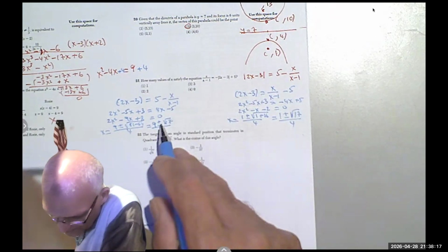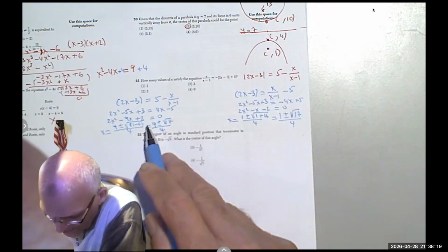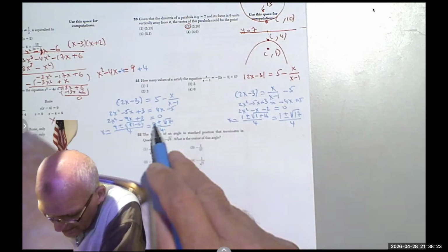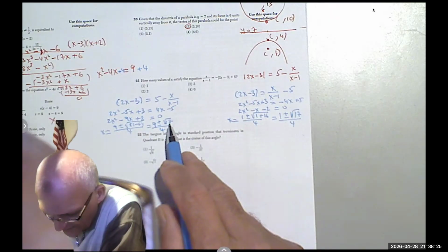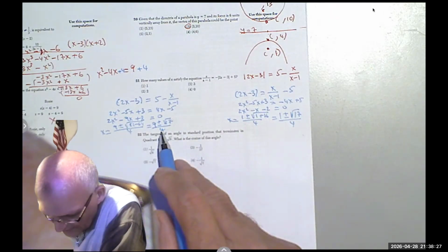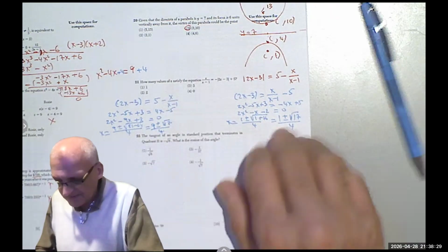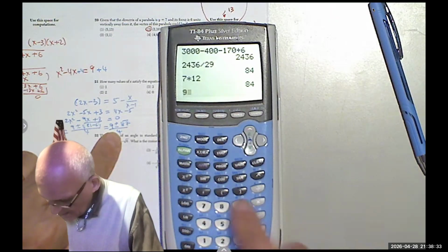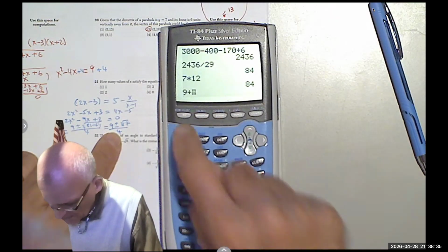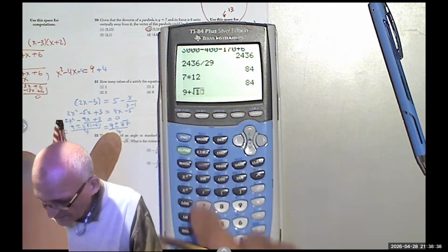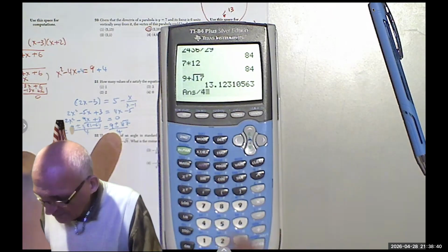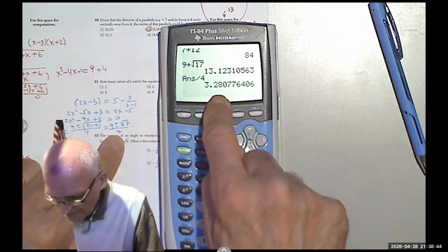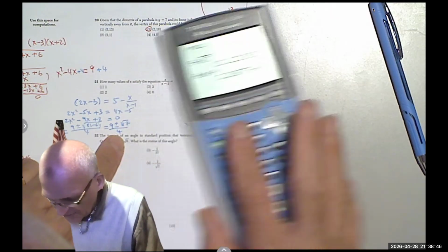When you do the minus, 9 minus 4 is 5 over 4 is 1.25. Wait a second, let's see that. 9 plus square root of 17 divided by 4 is 3.28. So x minus 1, no, that would be fine.